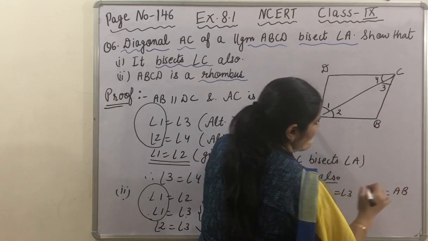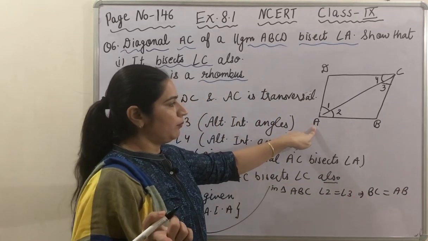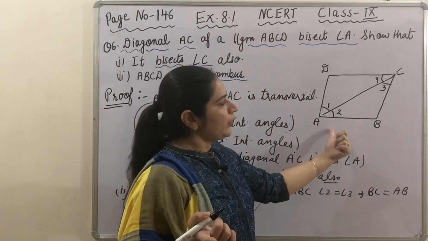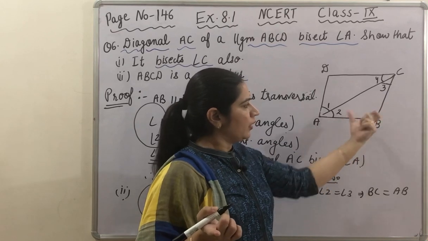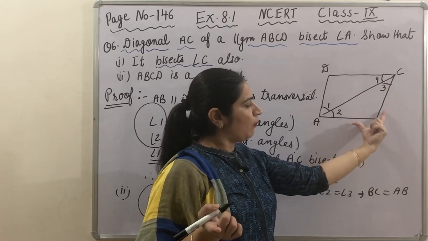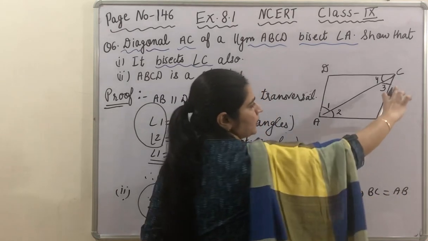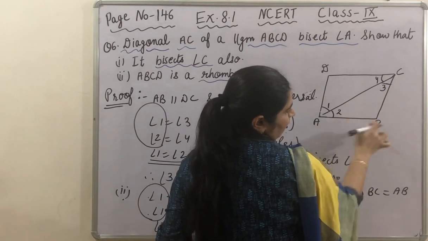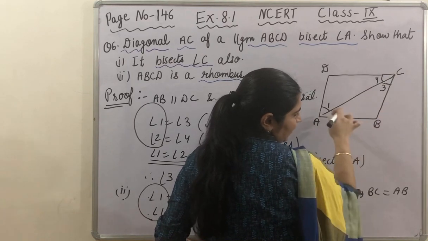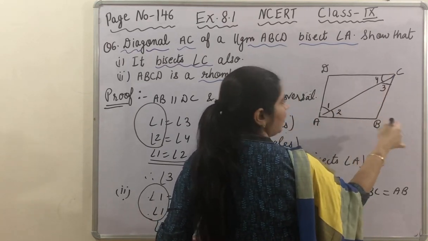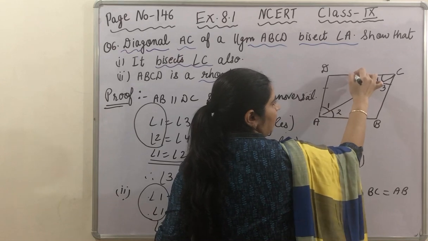Recall the property of triangles: sides opposite to equal angles are equal. Here angles are equal, therefore their opposite sides will be equal. Therefore BC is equal to AB. These two are the adjacent sides. Now adjacent sides are equal. Again the same process we apply here also.